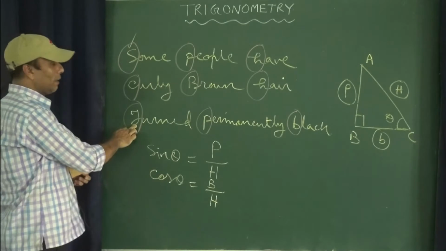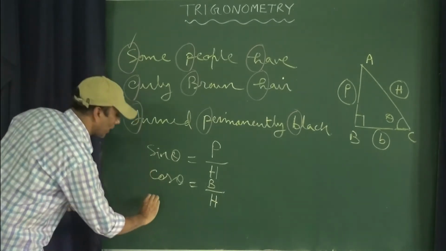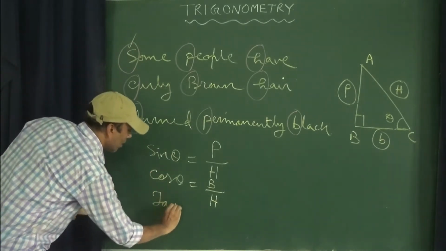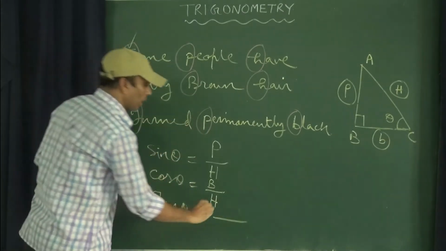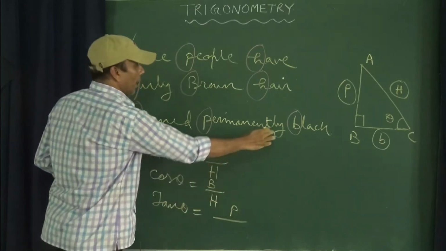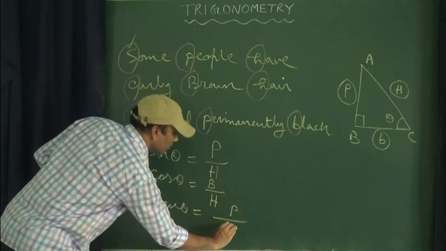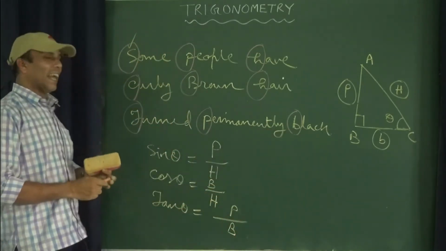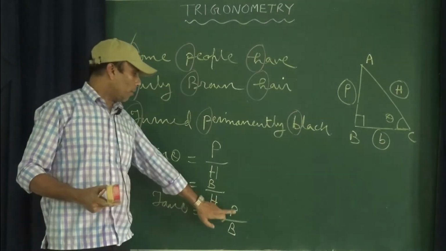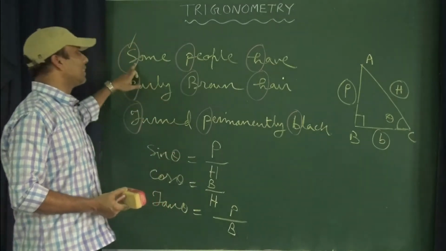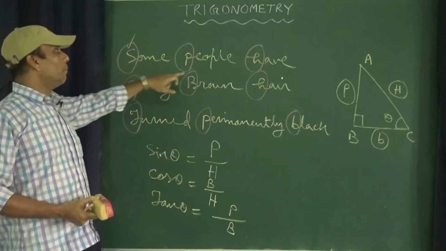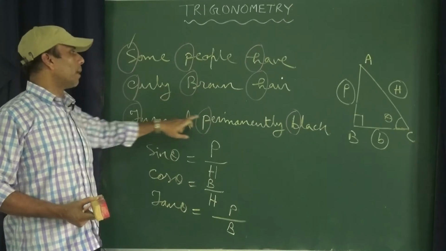Then turned permanently black, turned's T, it stands for tan theta. Permanently P, it stands for once again perpendicular. And black, first letter it is B. So we get tan theta equal to perpendicular by base. So whenever you will get any confusion in your mind, you will read this sentence that some people have curly brown hair turned permanently black.